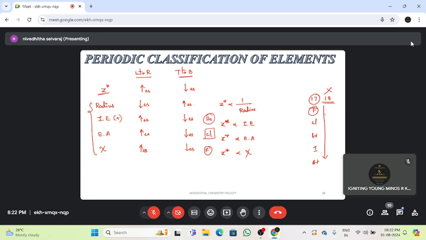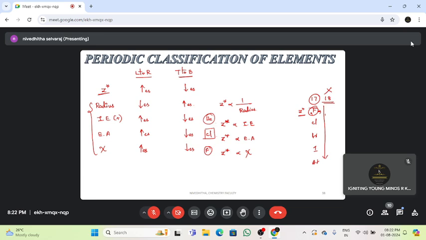Why? Because the effective nuclear charge of fluorine is very high. So the nucleus of fluorine will attract all 9 electrons towards the nucleus. So these 9 electrons will completely shield the nucleus.